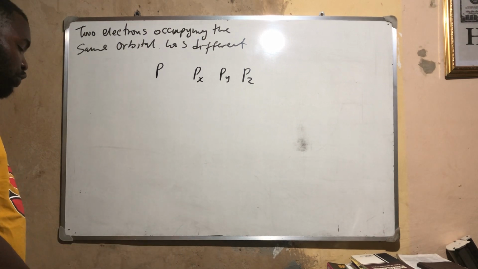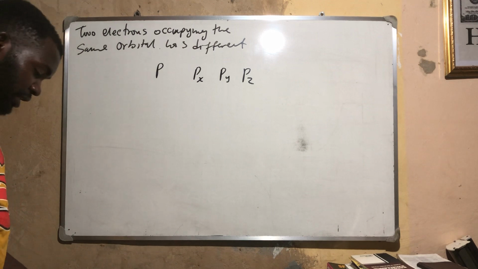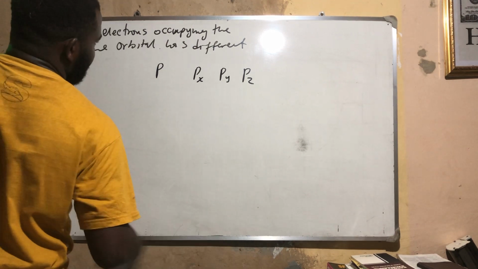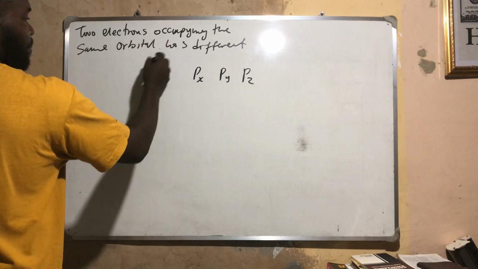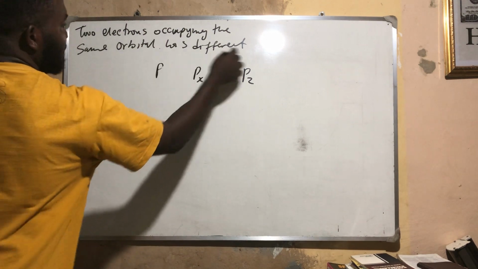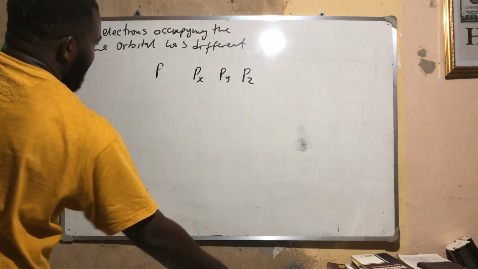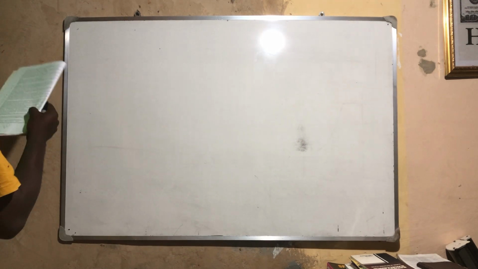That's the only thing they have differently if they occupy the same orbital. They are occupying the same orbital as p, but they will have different suborbitals like px, py, and pz. And it is the work of the spin quantum number.